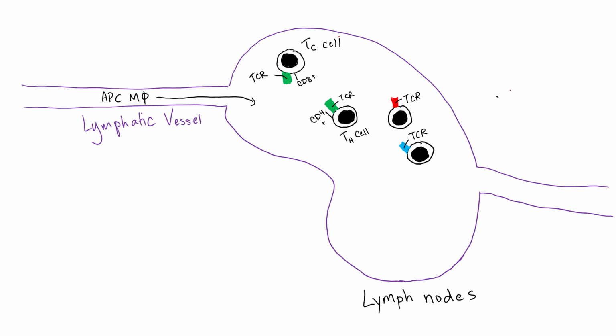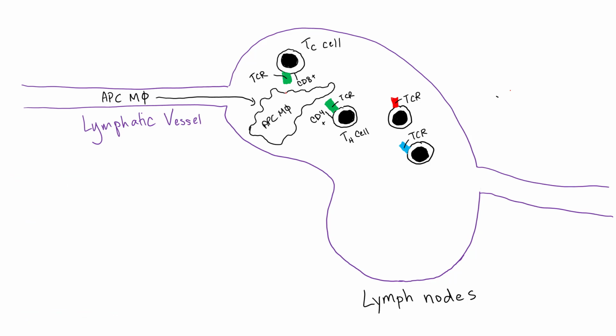So now let's draw in our antigen presenting macrophage. So it looks something like this. So here comes the antigen presenting macrophage. And remember, the antigen presenting macrophage is presenting antigen complex to its MHC molecules. So here's where there's a little bit of detail to understand.